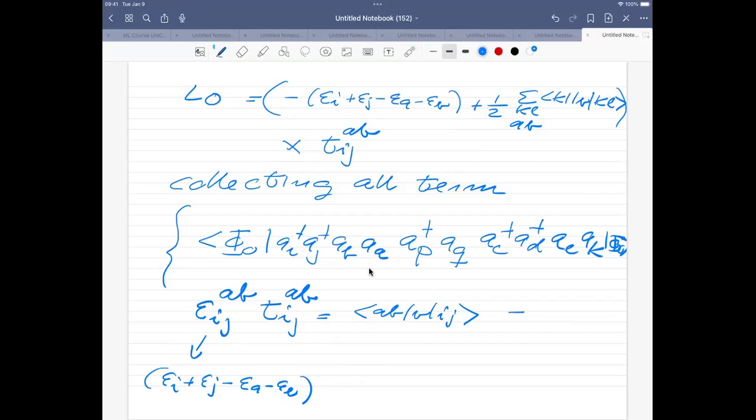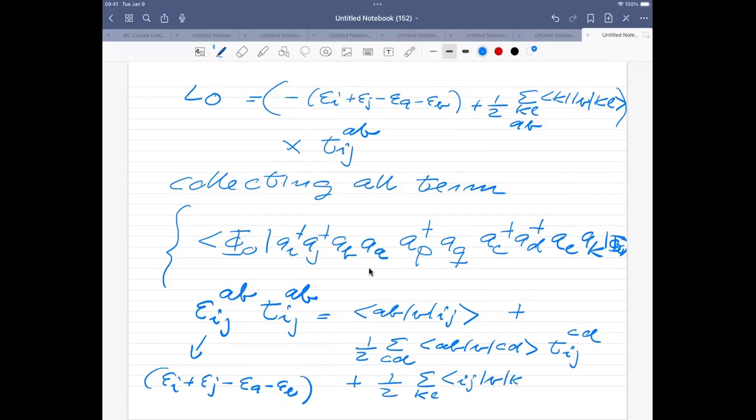So I am going to get plus 1/2, and then I have a sum over CD, and then I have <ab|v|cd>. This is a two-body matrix element, multiplied with T_ij^cd. So the ij indices are kept fixed. Plus 1/2, and then I have a sum over KL, I have my <ij|v|kl>.